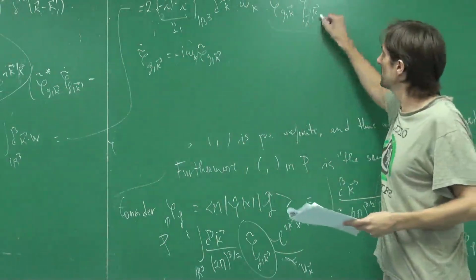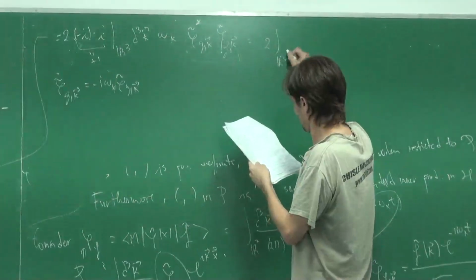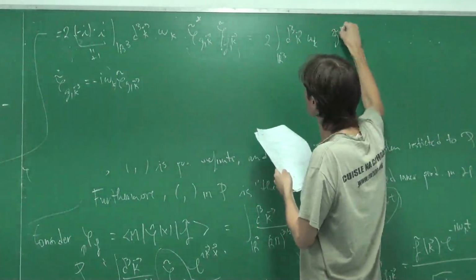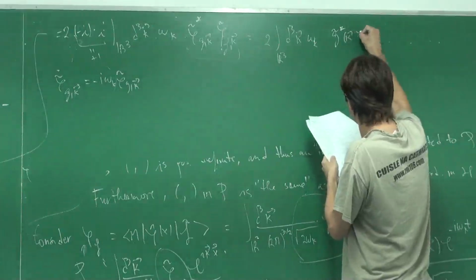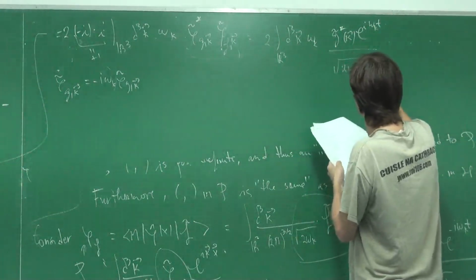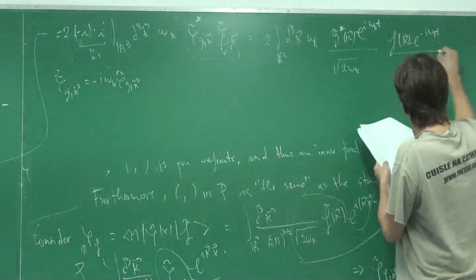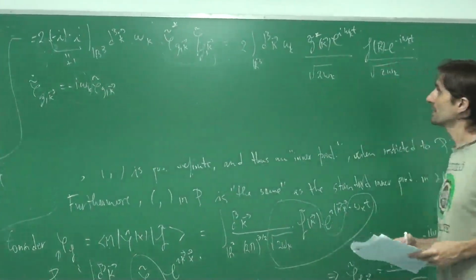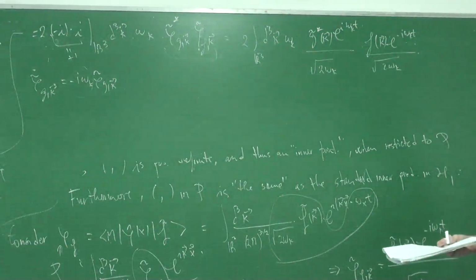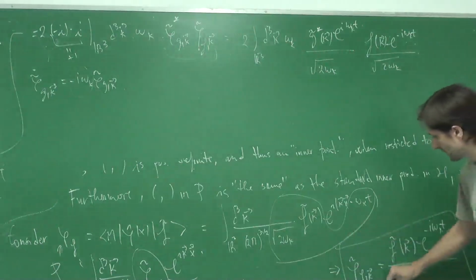Okay, now we can write the explicit values for this. Explicitly this phase. This is from here, call this equation star.